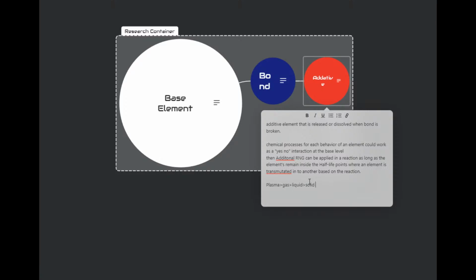Plasma, gas, liquid, solid. Okay, etc. I don't know if I can actually add a whiteboard thing to it.